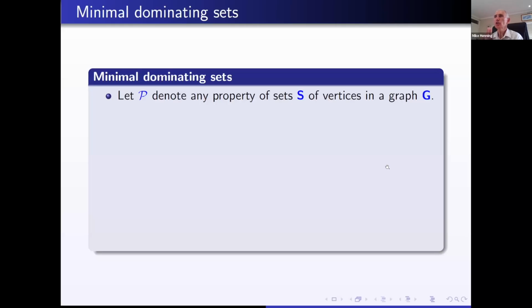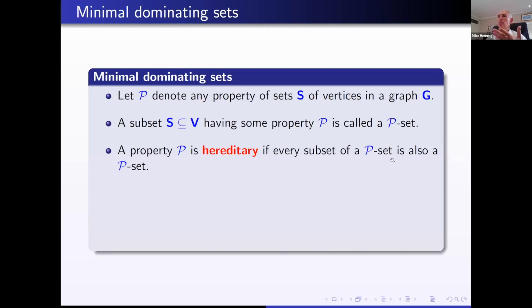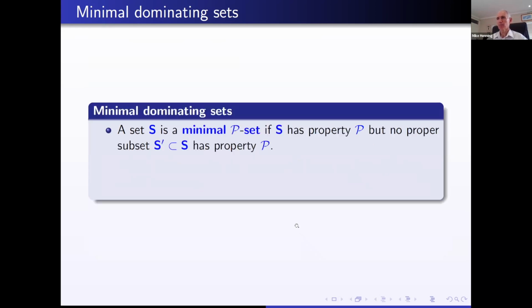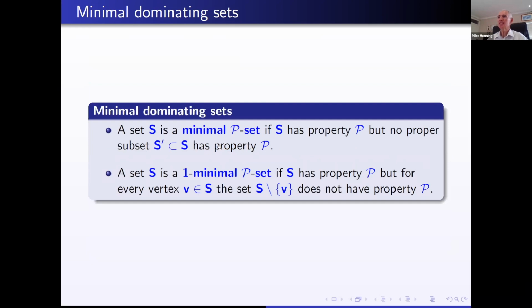So what we showed in the first part is this property of a P, hereditary or super hereditary. And in this case, we're looking at super hereditary. In other words, think of domination, and any superset of it is a dominating set. And what we want to prove is that for super hereditary properties, minimal is the same as 1-minimal.